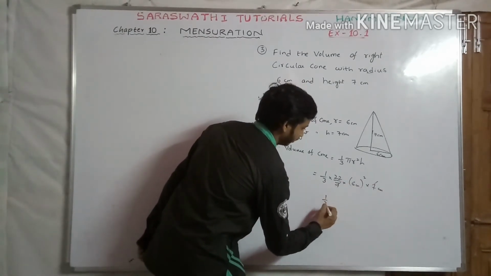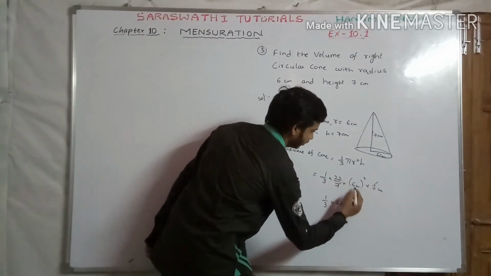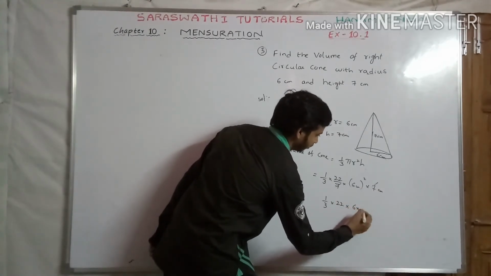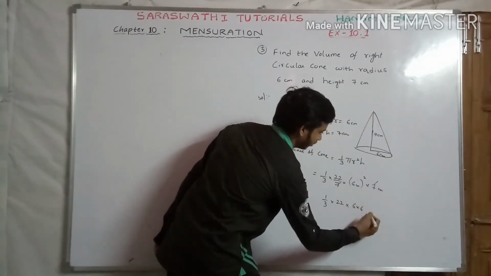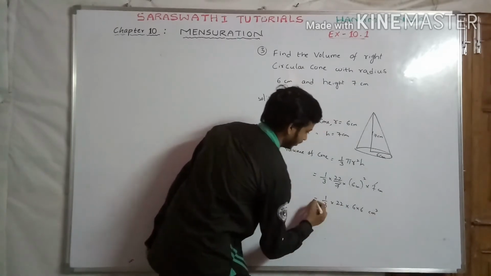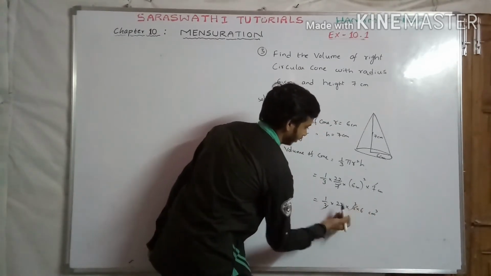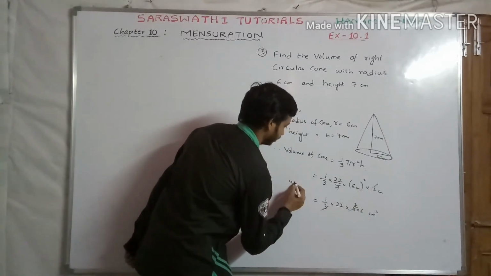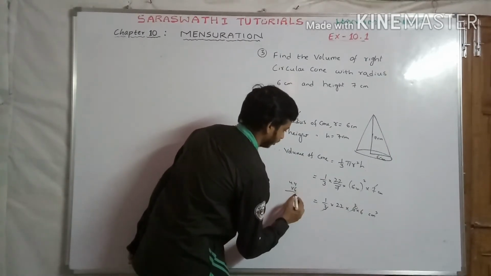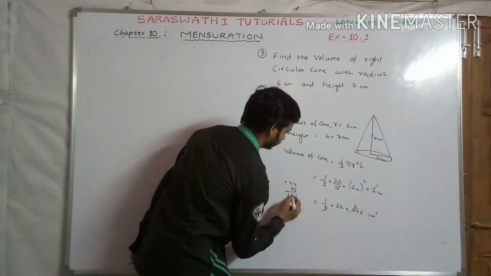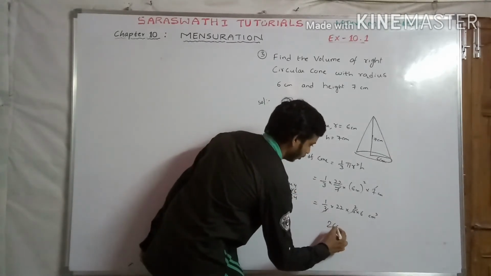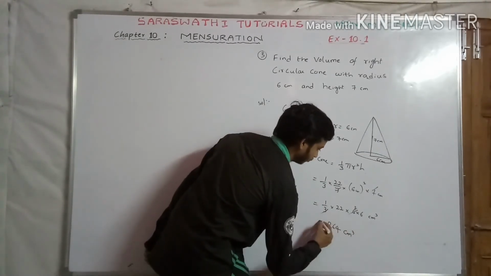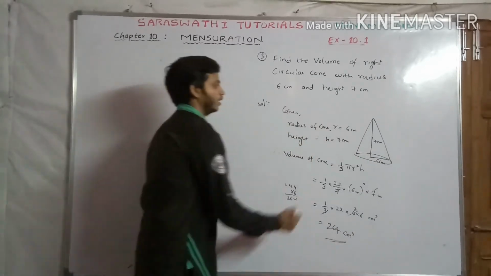So 1/3 into 22 into 6 square, that means 6 into 6 centimeters square into centimeter, that means centimeters cube. 3 1s are 3, 3 2s are 6. Next, 22 2s are 44, 6 4s are 24, 4 2s are 8, 6 4s are 24, plus 2 is 26, so 264 centimeters cube. So this is the volume of the required cone.